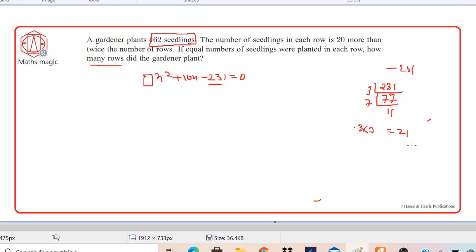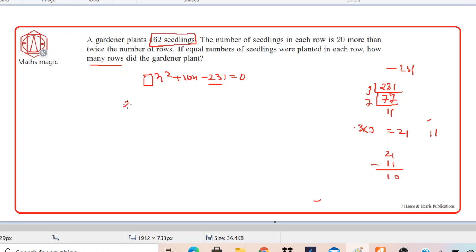If you check with 11 and 21, I think it's working, because if you multiply 21 with 11, it's definite that you will get 231. And if you subtract 11 from 21, you'll get 10 for sure. And we have positive 10, so we'll keep 21 as positive and 11 as negative.